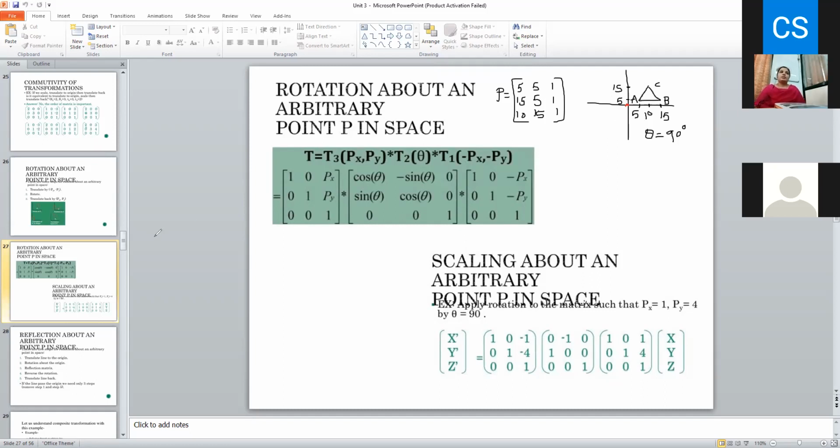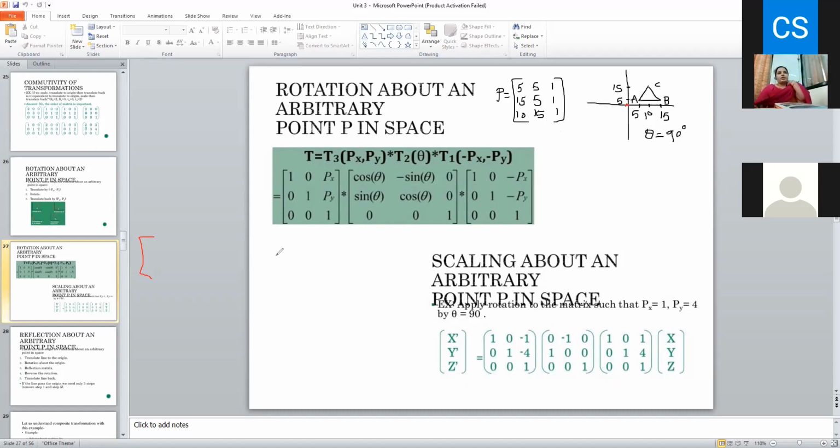So I will write here: translation of A to 0, 0. Now A has coordinates 5, 5. That I want to make 0, 0. That means what will be the translation values? Along the x-axis, I have to move towards the left. So A should be moved towards the left so that its x parameter will become 0.